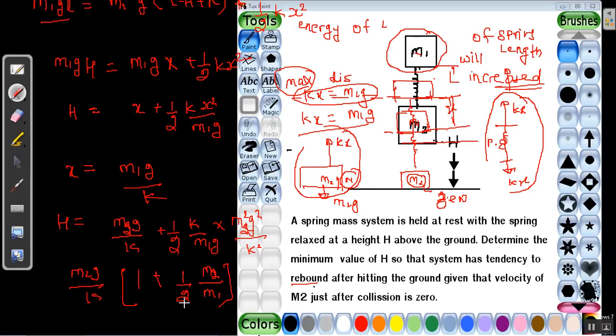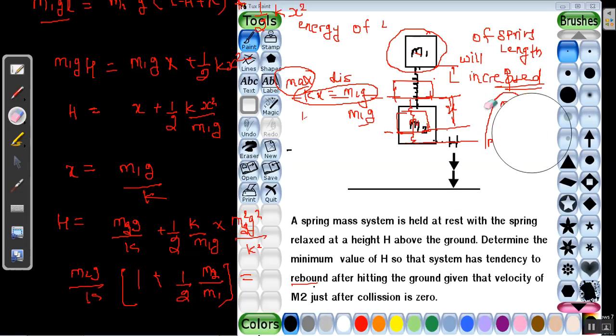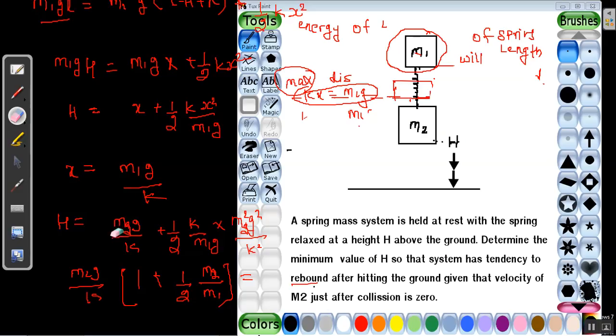So this quantity becomes m2 g by k times (2 m1 plus m2) divided by 2 m1. Okay, and this is the h.